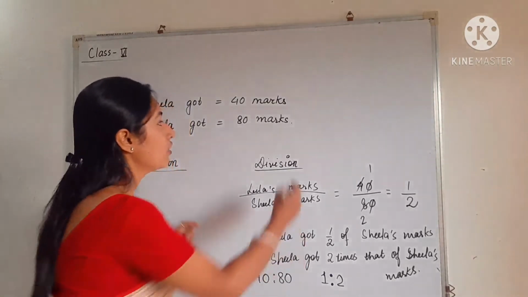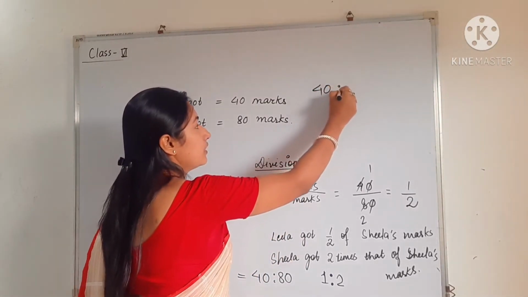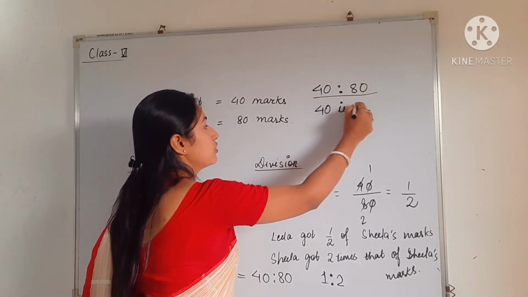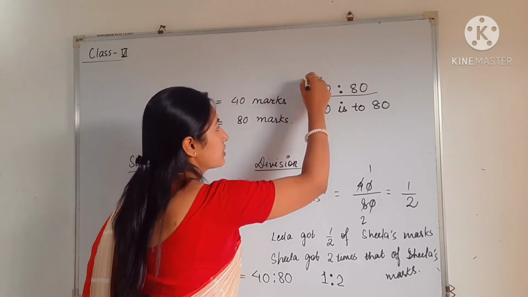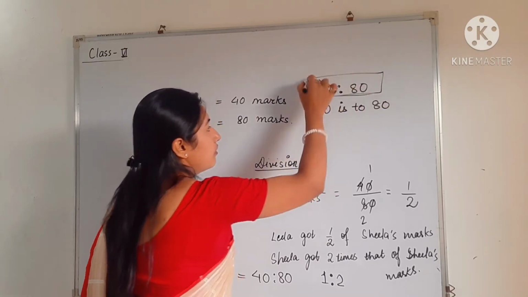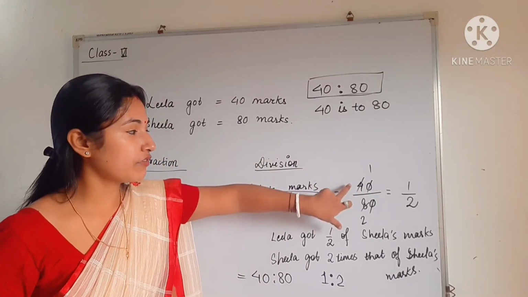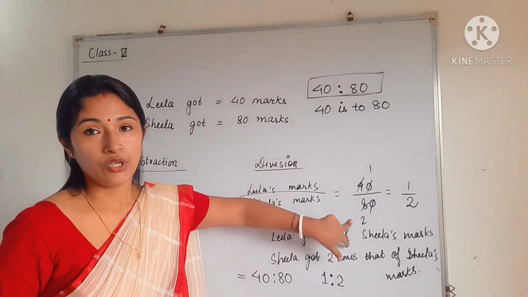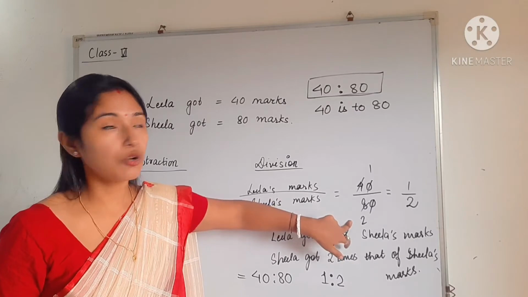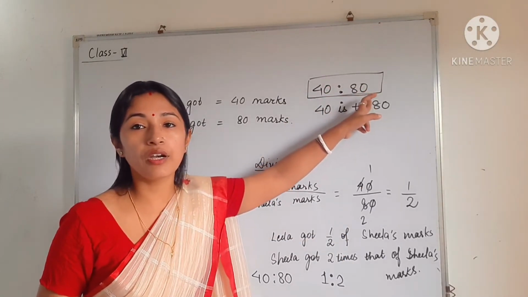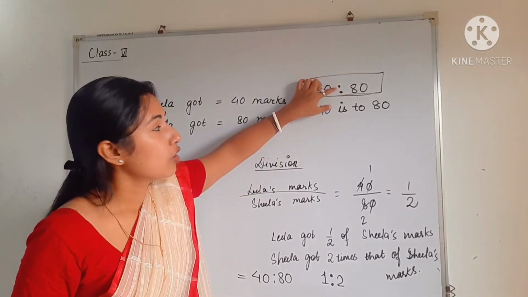So here, 40:80. How to read it? 40 is to 80. Earlier it was in fraction, that is 40 by 80. So how to write in ratio? We have to write between numerator and denominator the colon sign.